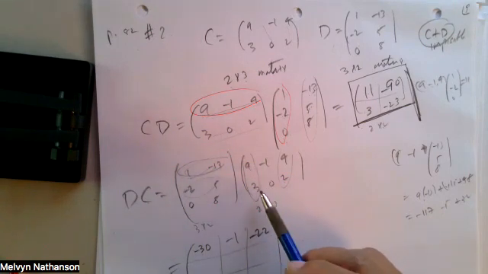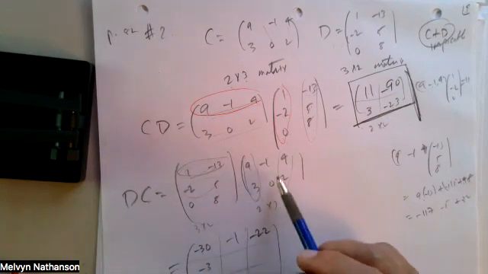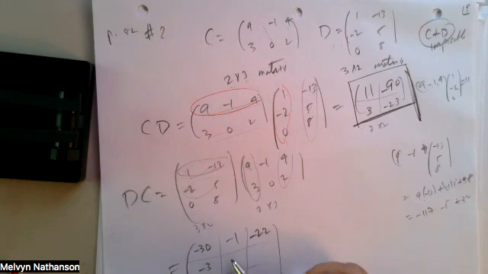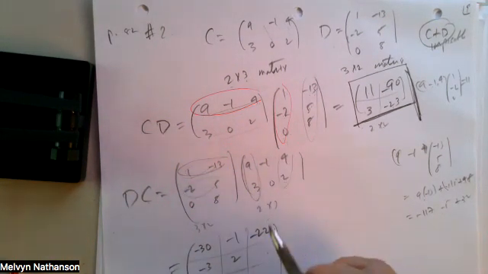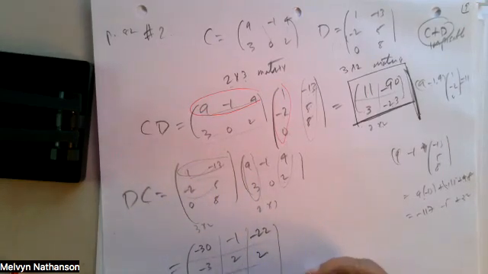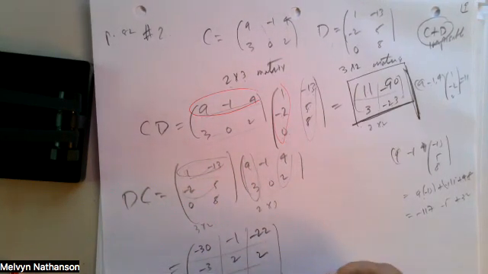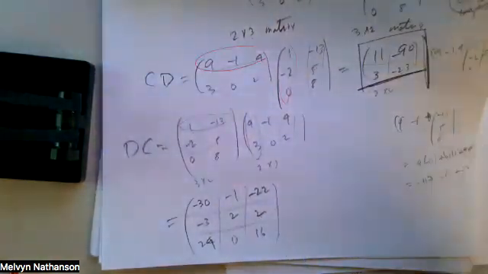Minus 18 plus 15 is minus 3. Second row, second column. 2 plus 0. Second row, third column. Minus 8 plus 10. Third row, first column. 0 plus 24. Third row, second column, 0 plus 0. Third row, third column, 0 plus 16. So DC is this 3 by 3 matrix.